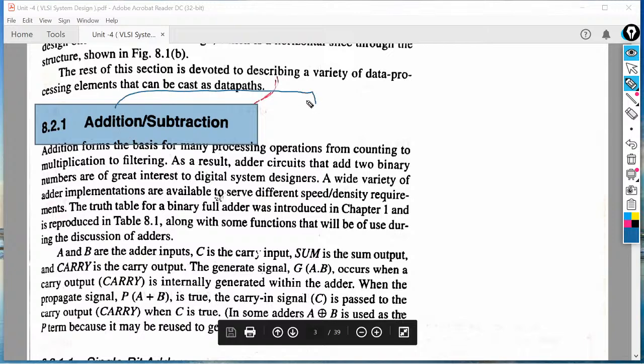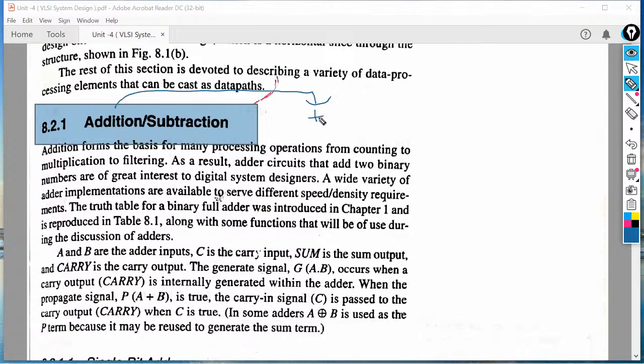We already know that addition circuitry is used when we want to add two bit data. Suppose we have two numbers, one is A and another one is B, and we want to add the two numbers and get output C. At that time we need an addition circuitry.